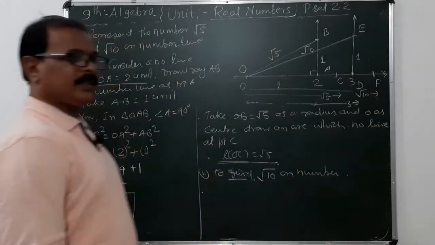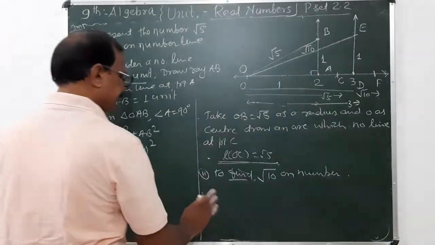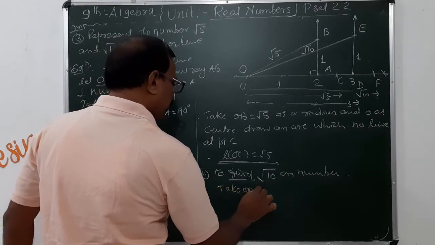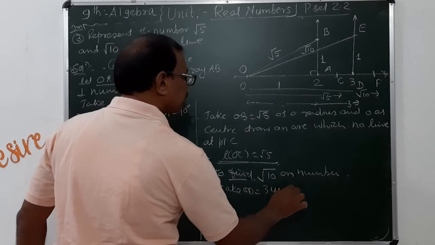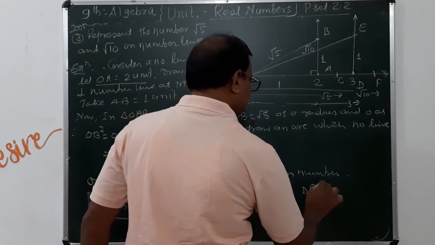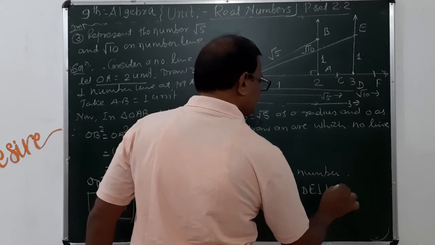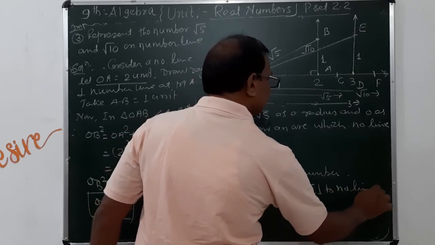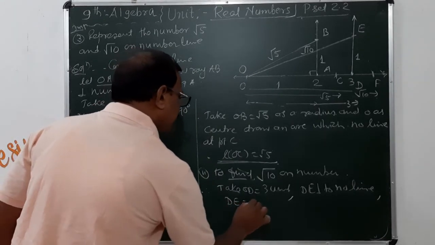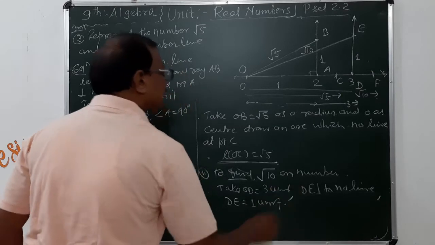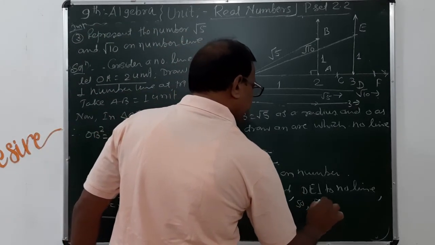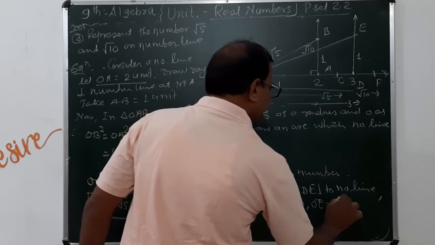So here, take OD equal to 3 units, DE perpendicular to the number line, DE equal to 1 unit. So OE is equal to root 10.